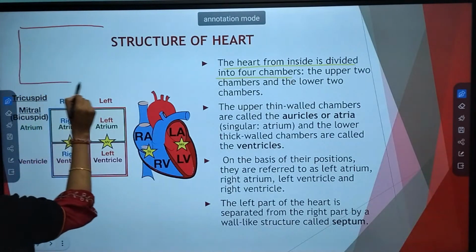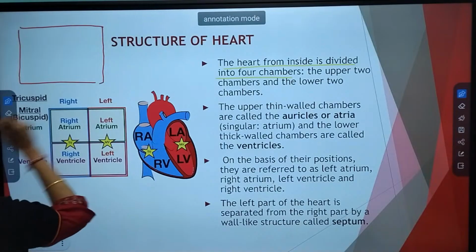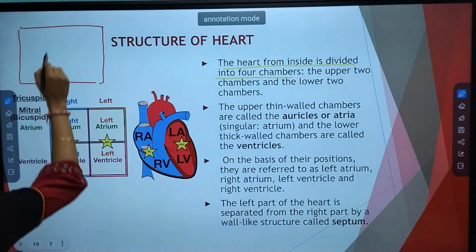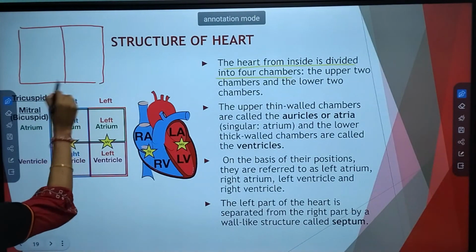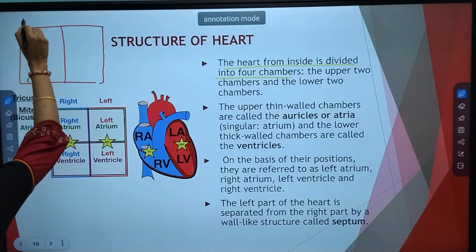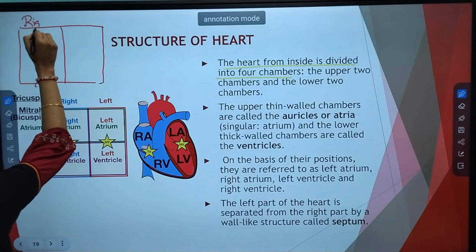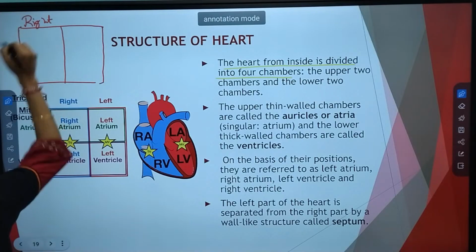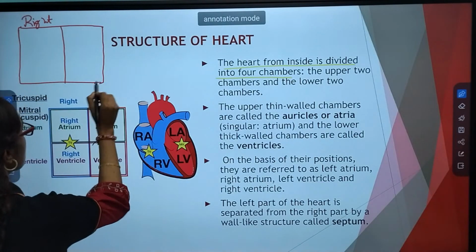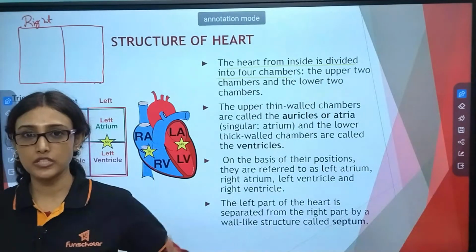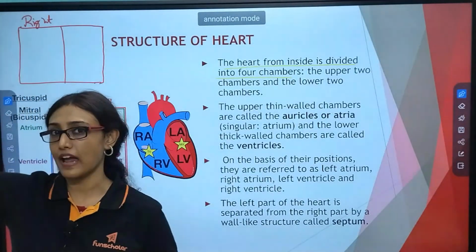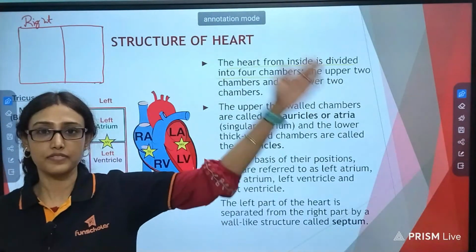Suppose this is a box. I am dividing the box into 2 parts. This side is right. Why is this side right, ma'am, it seems left? Because when you are standing in this position, this is your right side and this is your left side.